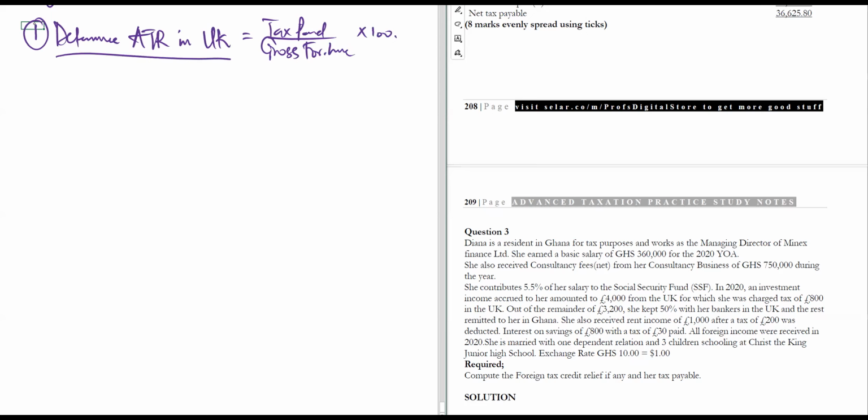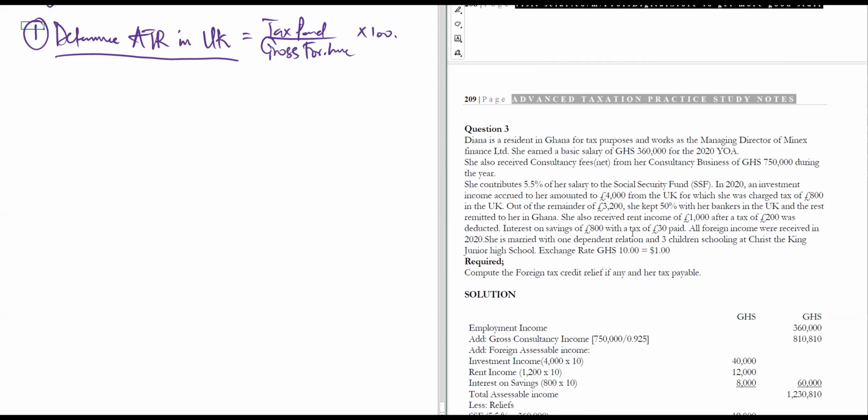So how much foreign income did we have in this case? Investment income accrued to her amounted to 4,000, which was charged tax of 800 in the UK. They didn't say it was net, so be careful. So she received 4,000 and was charged tax of 800.